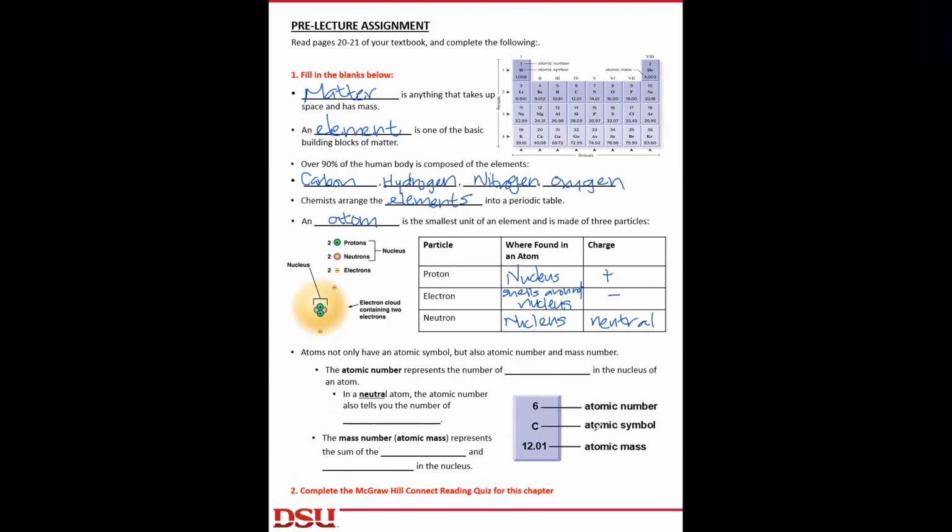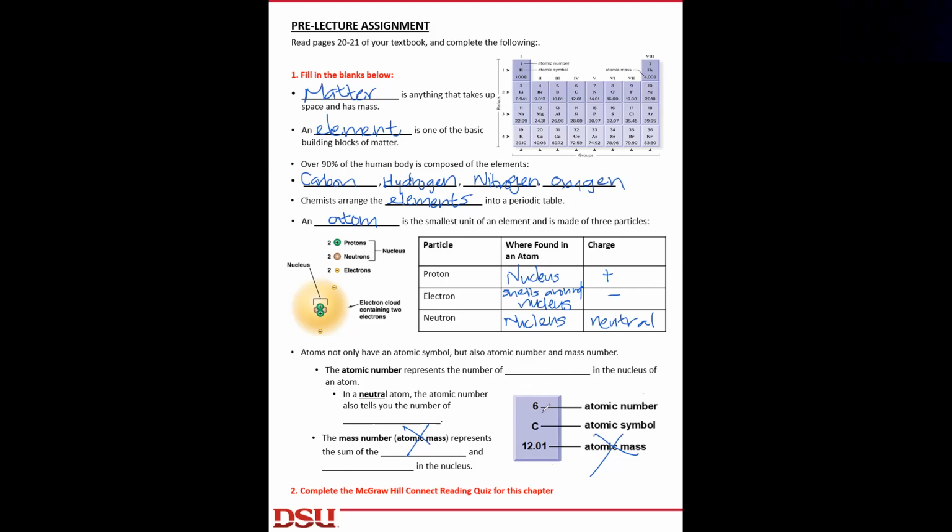Okay, so we need to know what the information on these individual blocks, if you will, on the periodic table, what this information is showing. I am going to cross out atomic mass because this is incorrect. I'll talk to you about that in a second. But we'll start up here with the atomic number.